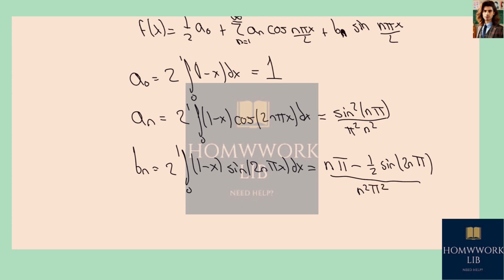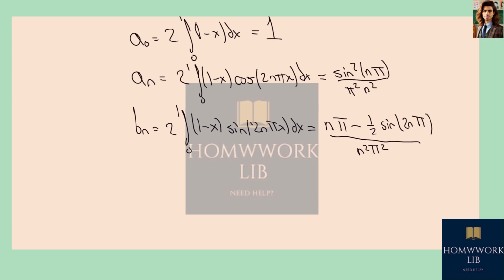Notice that the sine of 2 n pi is always going to be equal to 0, because for n being an integer from 1 to infinity, this is going to become 0. This is sine of 0 degrees, 360, 720, and so on. So bn would be n pi divided by n squared pi squared, thus 1 over n pi.